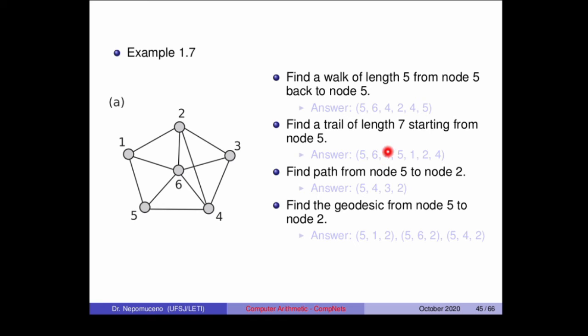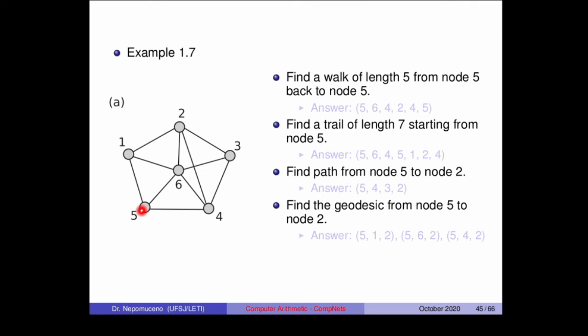Find a trail of length 7 starting from node 5. You can go 5, 6, 4, then 4, 5, 1, 2, and 4, and after you can go to 5 again.